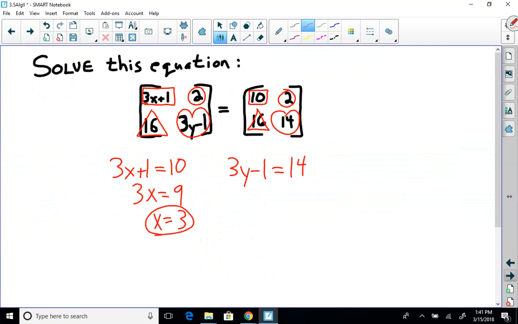That gives us our equation to find y. Add 1 to both sides, divide by 3. So when it asks us to solve this equation, no different than solving a regular equation, you're trying to find the values of x and y that make it work.